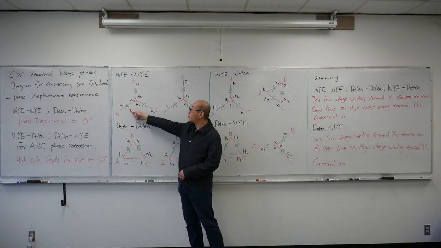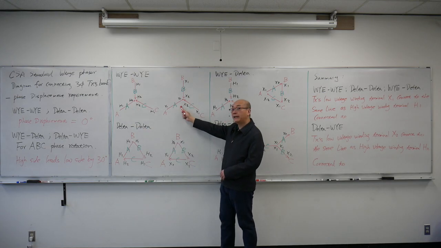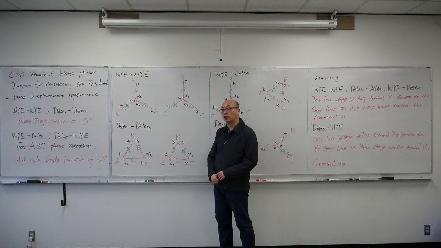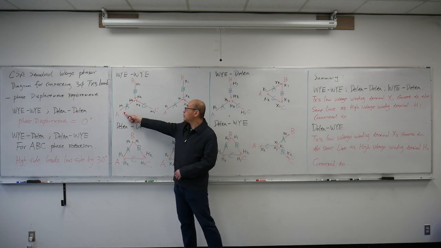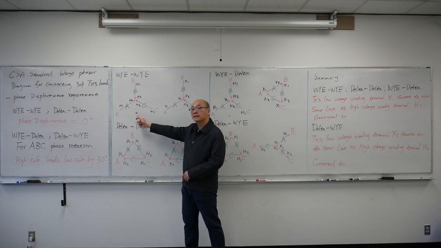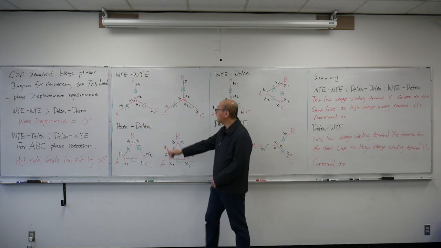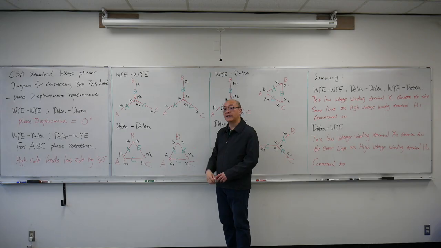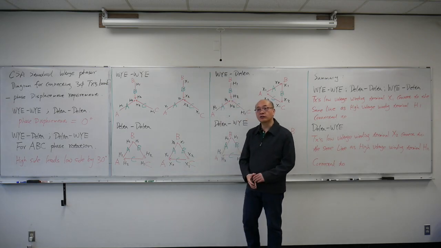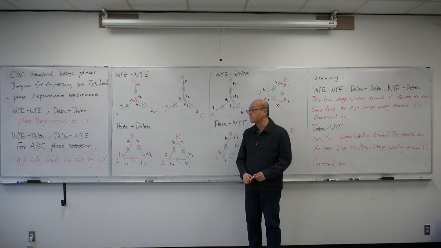This portion is the A phase on the high voltage side, and this is the A phase on the low voltage side. H1, H2 indicate the high voltage winding phasor diagram. X1, X2 indicate the low voltage winding phasor diagram.